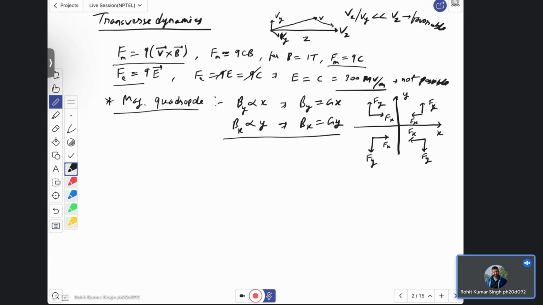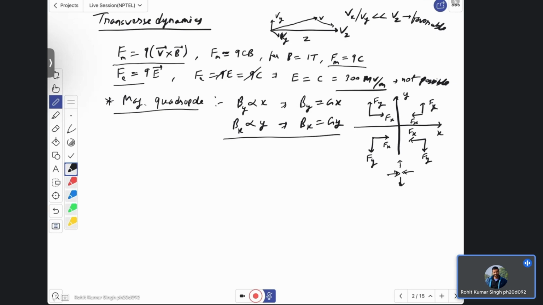Okay, so see, what this magnetic quadrupole will do is focus the beam in the x direction, because it is squeezing the beam in these two directions. But it will defocus the beam in the y direction because the force is in the opposite direction, right?